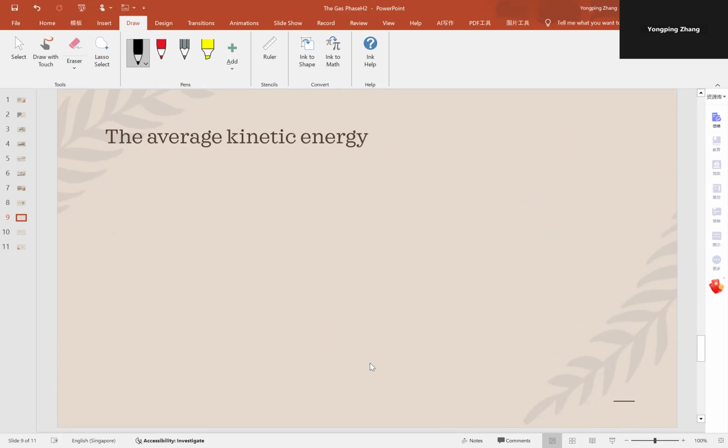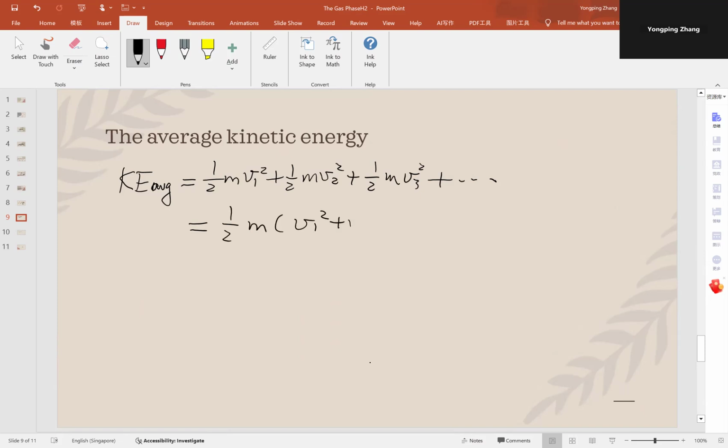For the average kinetic energy, this equals 3RT over 2.